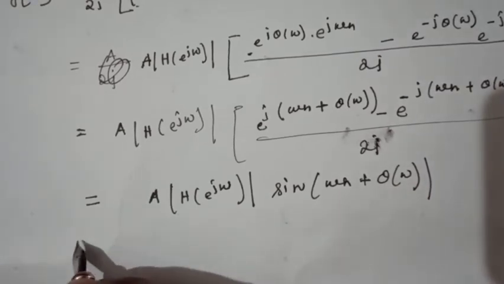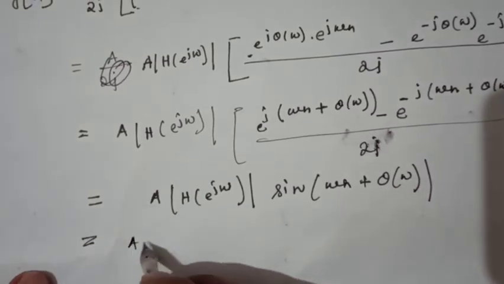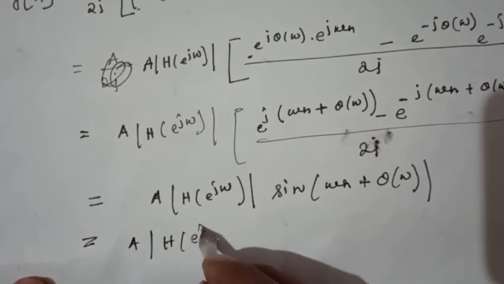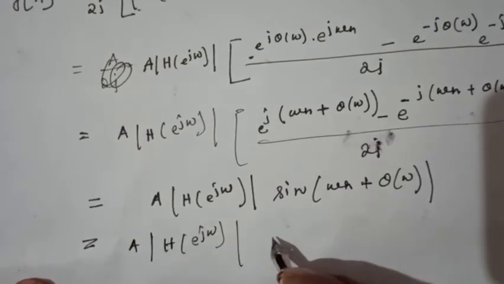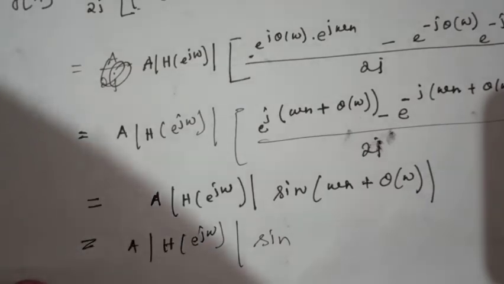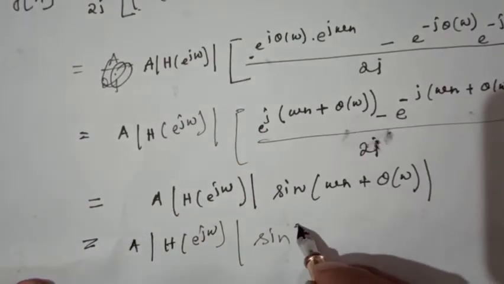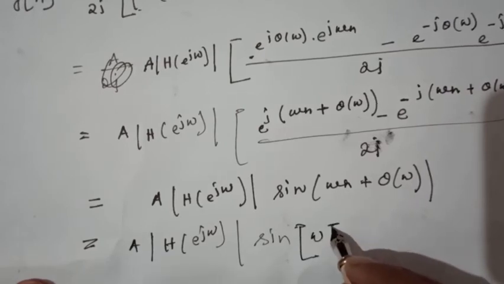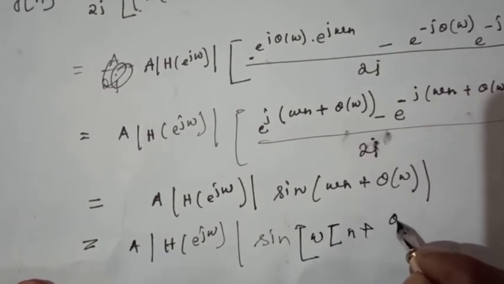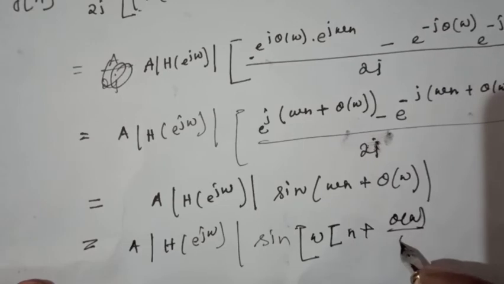And the same can further be written like this. We can further write this sine part by making omega common, so it will be n plus theta omega by omega.